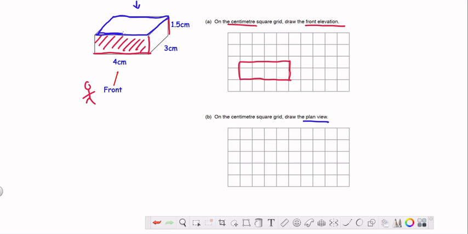Obviously this bit there is 4 centimeters. And this way it's 3 centimeters. So if you like, that's like a map of this diagram. If somebody was looking directly from above, straight down, that's what that person sees.